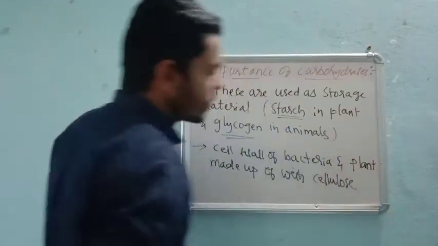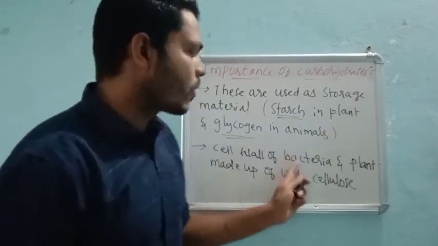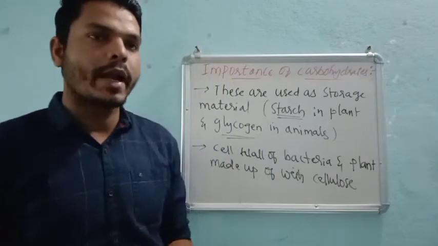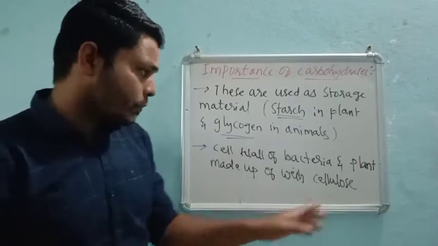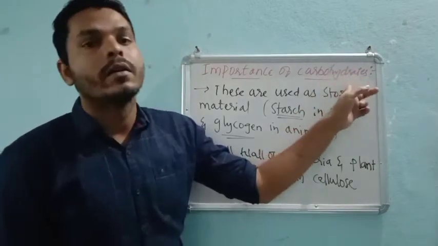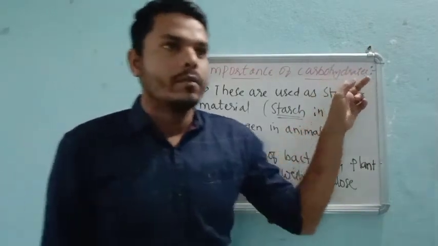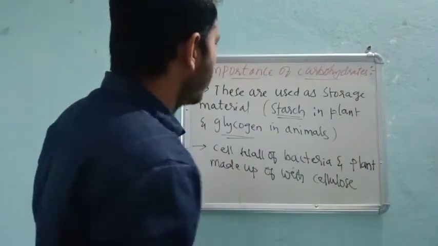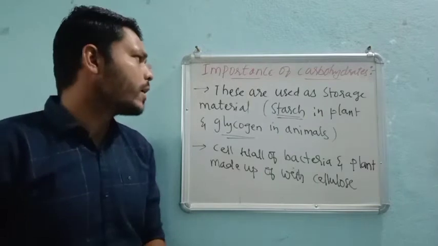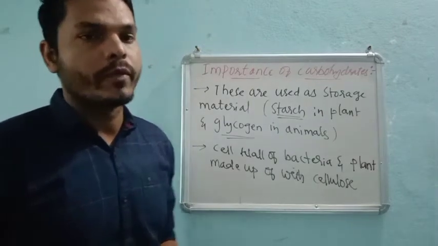Correct. So the cell wall of bacteria as well as plants is made up of what? Cellulose, and cellulose is a carbohydrate. Right. So these are the main biological importance of carbohydrates.